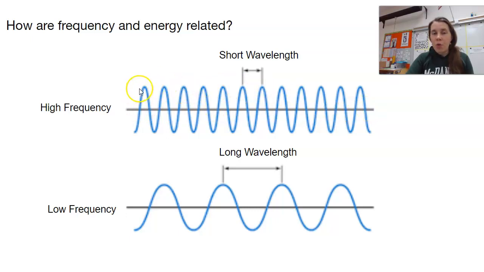All right, and so if we're thinking about energy, the more you get per unit time, the higher your energy will be. All right, so high frequency waves will give you high energy photons of light. And then the same is true for the wavelength being short. So energy and frequency are directly related, and wavelength is inversely related to each of them.